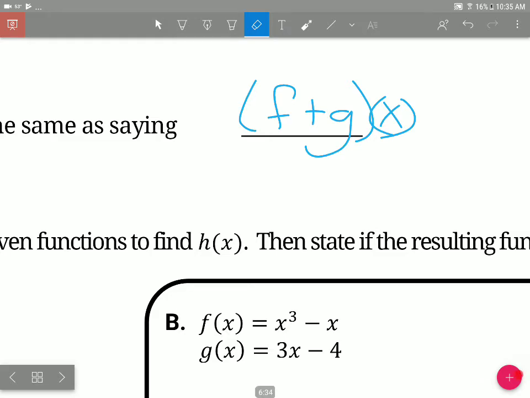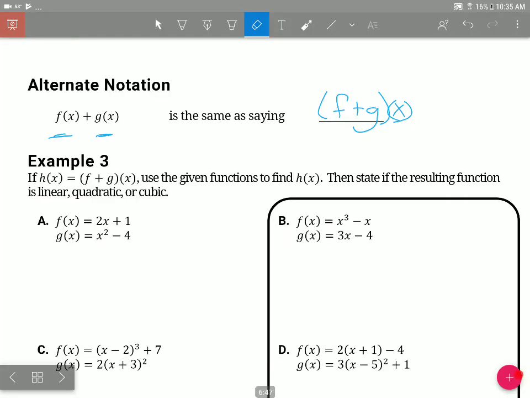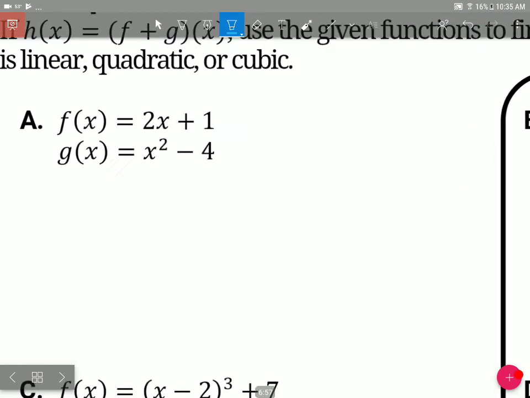This literally just means, hey, take the f function and add the g function. Just combine all the terms you can. Cool? So when the question states, if h of x is f plus g of x, use the given functions to find h. Okay? So here we go.